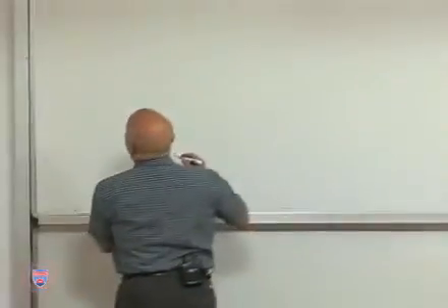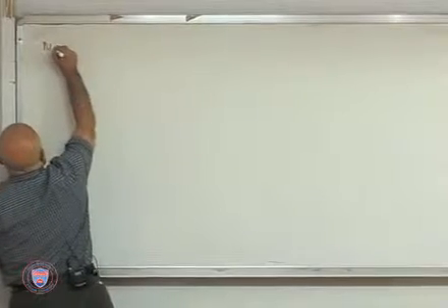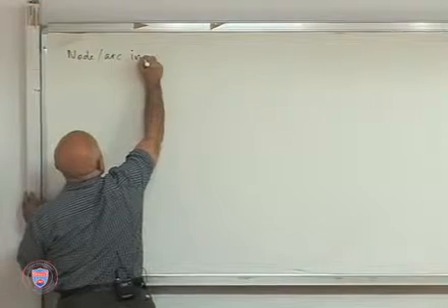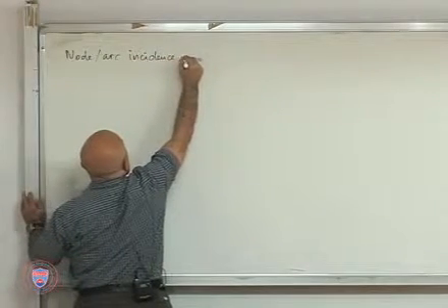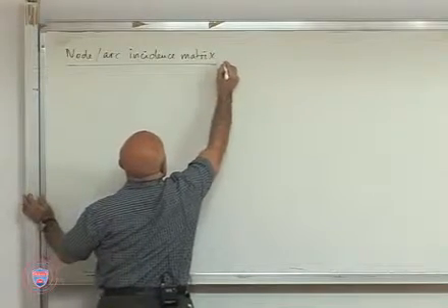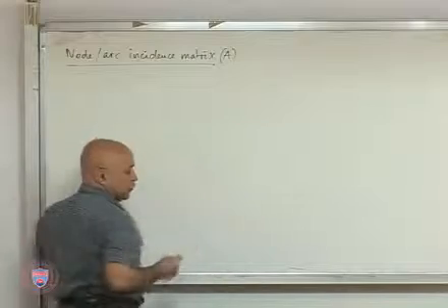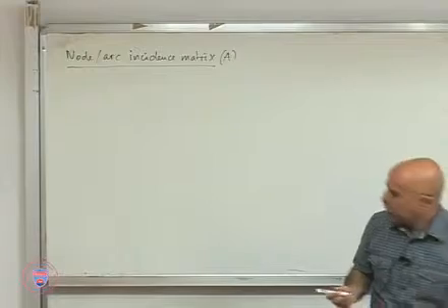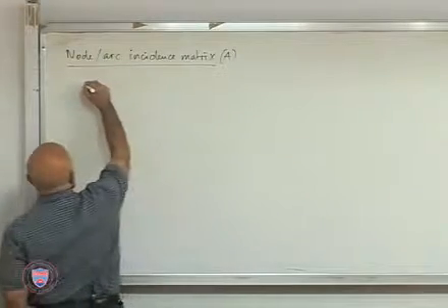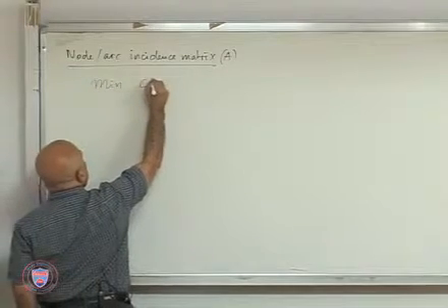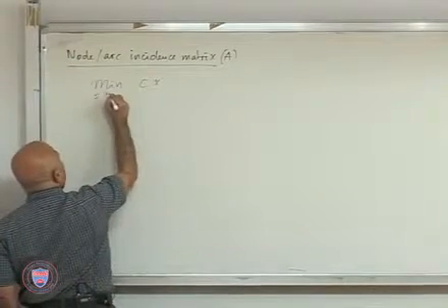So let's look at the node arc incidence matrix first. I'll refer to it by A. We want to write down the minimum cost network flow problem in the following form.